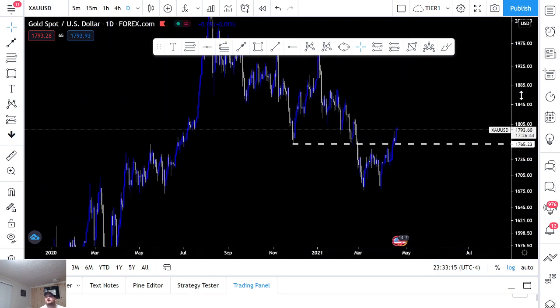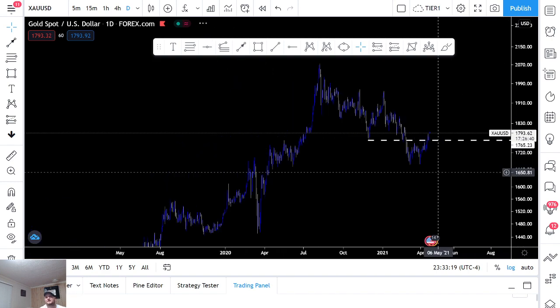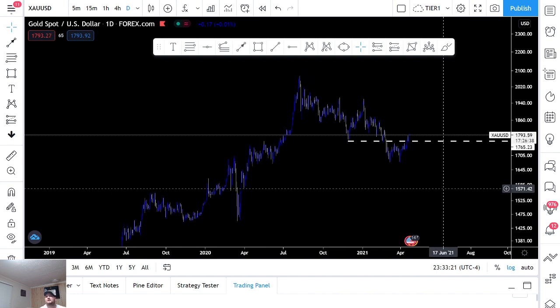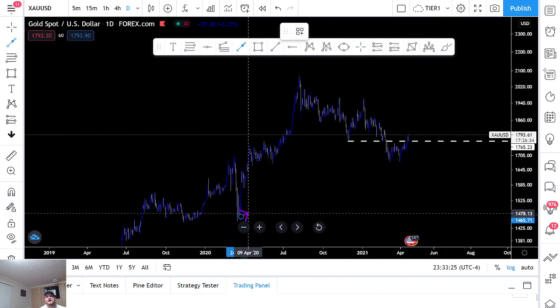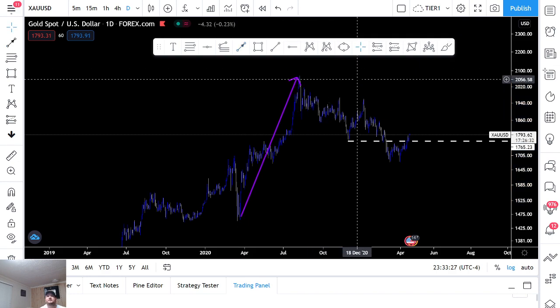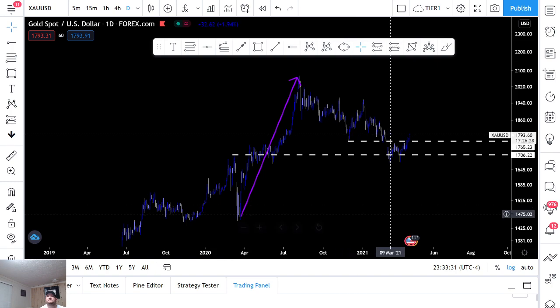So with that being said, we know it can push down further. But also, we have this impulse leg, right? Why? Because it breaks this one.